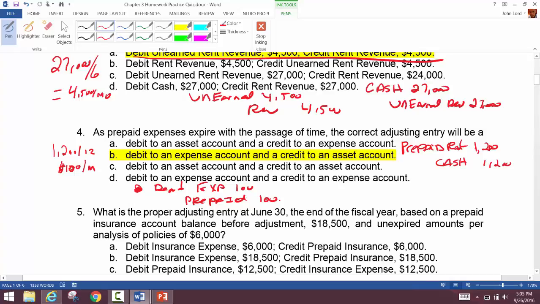Right? Prepaid rent would get credited. Is that the journal entry they're giving me right here? Debit expense and credit the asset, prepaid rent. Prepaid rent is an asset, right? Okay. Okay, good.